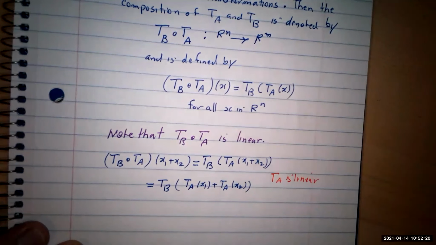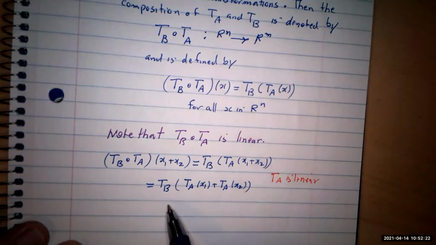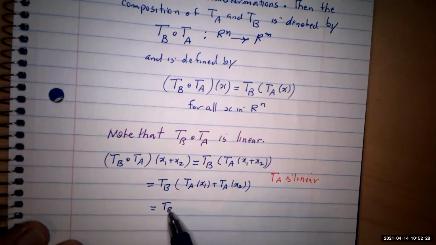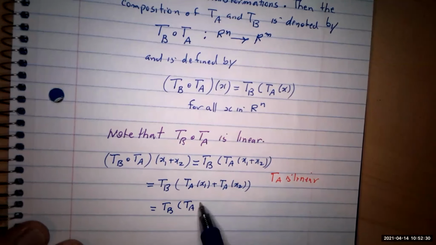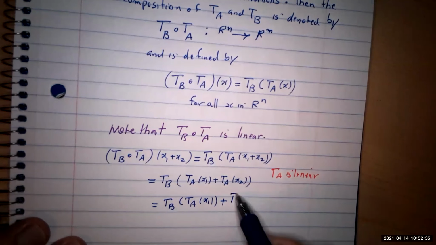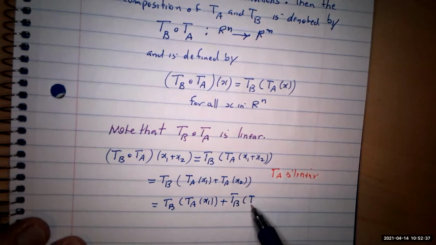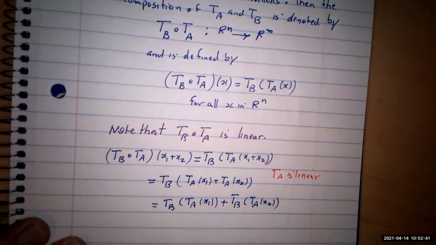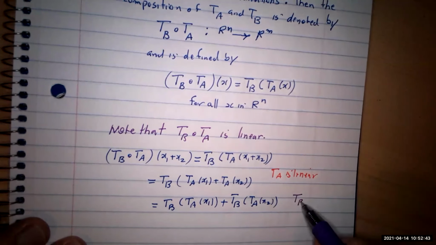Now we continue. TB is also linear, so TB transfers addition to addition. This is going to be TB of TA of x1 plus TB of TA of x2, because TB is linear.